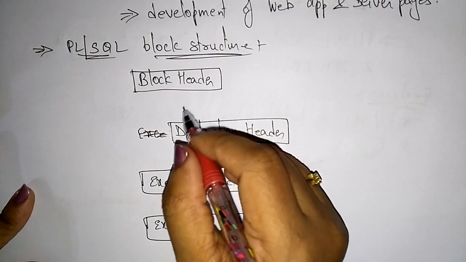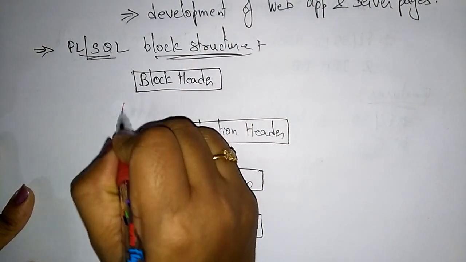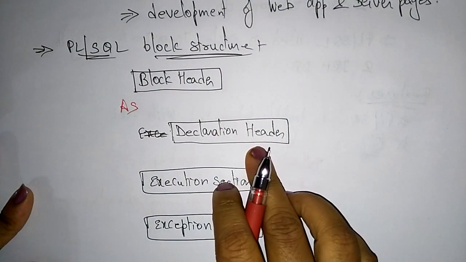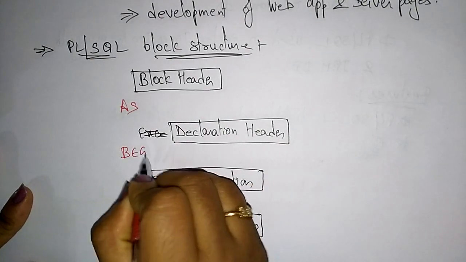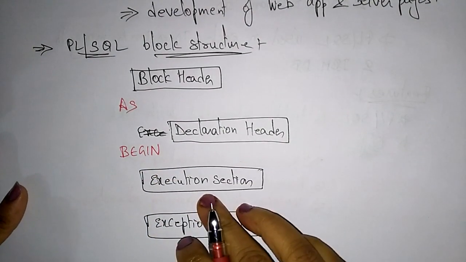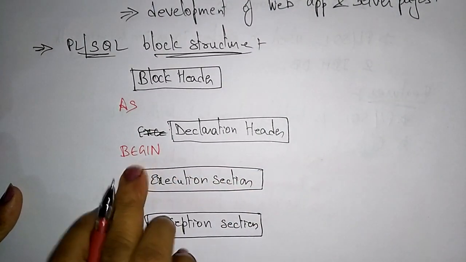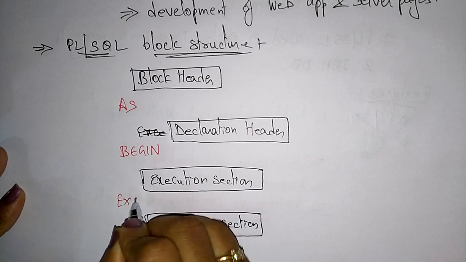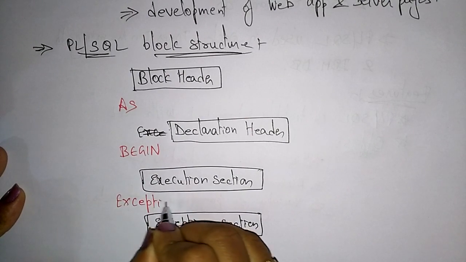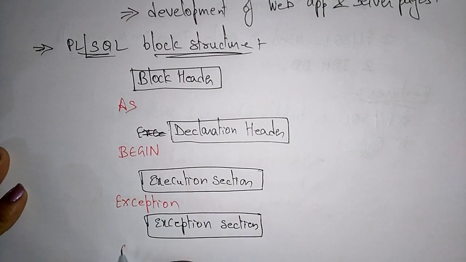After the block header, you write the declaration section. After declaration, you begin the program. After writing begin, you write the execution section. Next is the exception, and finally end.